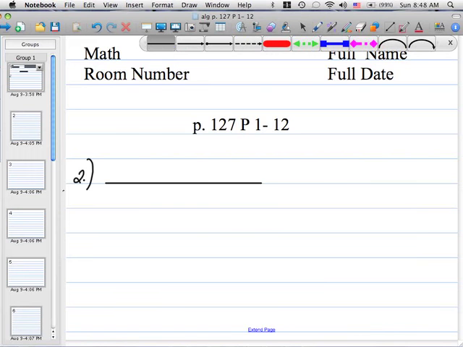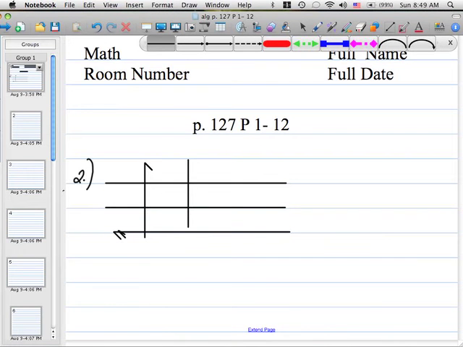It looks like a cost problem, so we'll set up our chart. It says adult tickets for the game cost $4 each and student tickets cost $2 each.